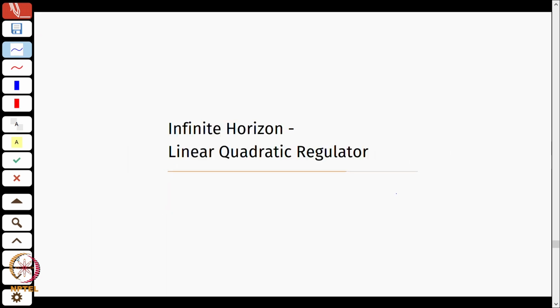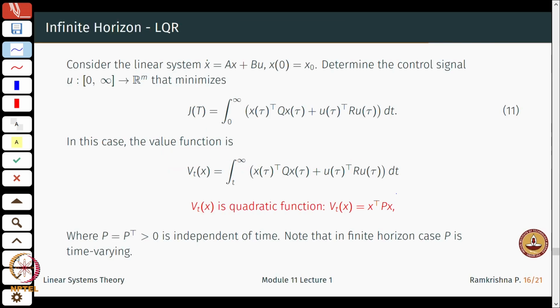Okay. The next thing which most books will talk about is the infinite horizon problem. What will happen when I am looking at the infinite horizon problem is that the final time is infinity, right.